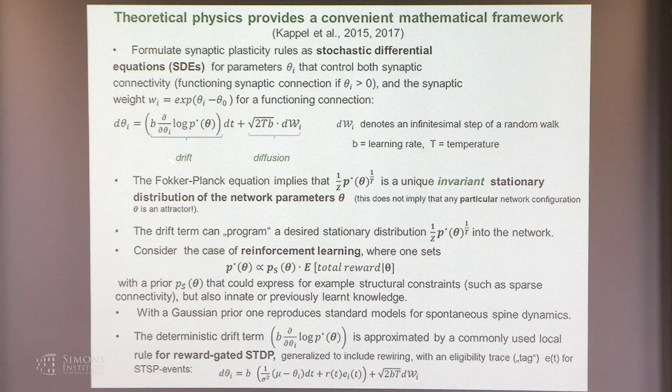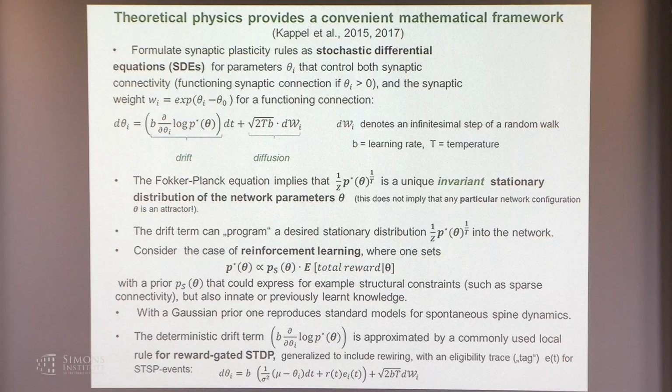With this type of learning rule, you can in principle use this as a new scheme for programming a desired behavior into the network, where particular network configurations are favored. I want to discuss the case where those configurations are favored where the network gets large rewards. Maybe also some prior plays a role, which expresses that you want sparse activity, for example, or genetically encoded knowledge.